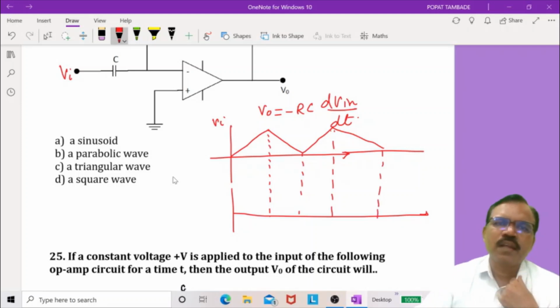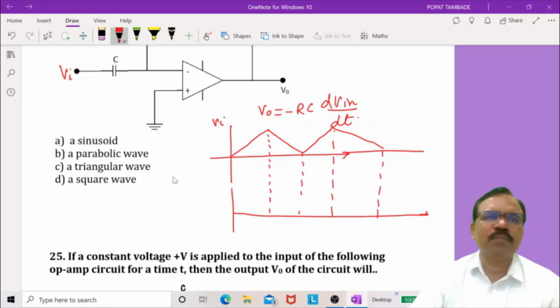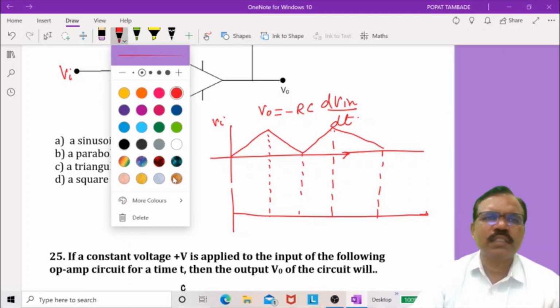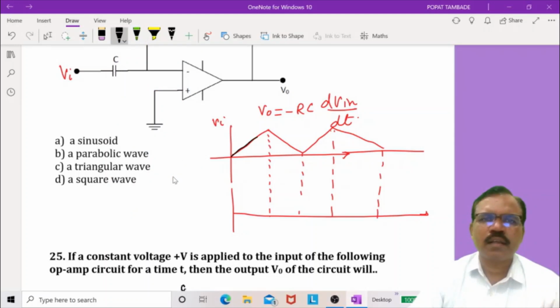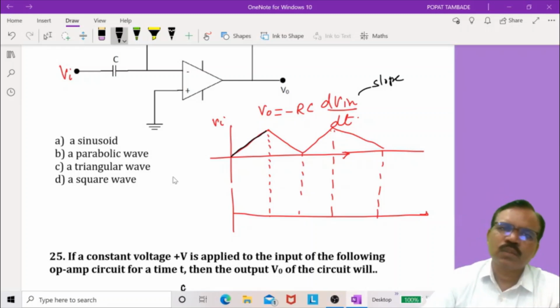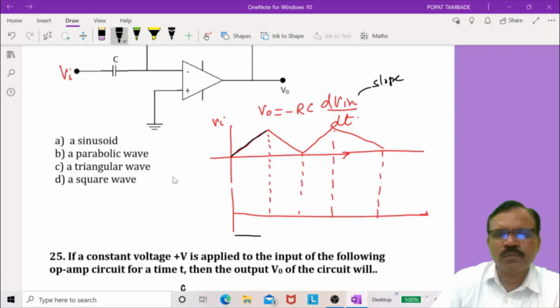Now if we take this increasing part, what happens for this increasing part? dVin by dt represents the slope. Here the slope is positive, so minus RC into a positive, constant value. So we get a negative value up to this point.